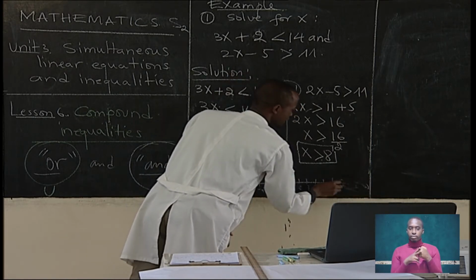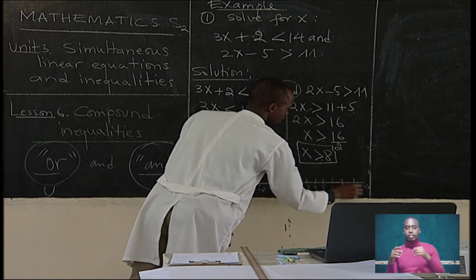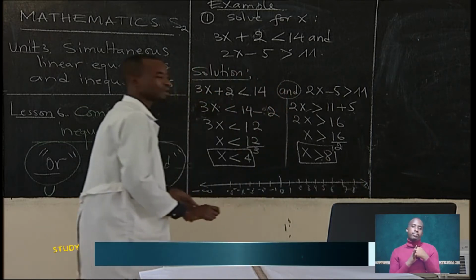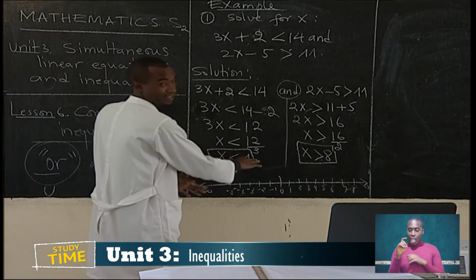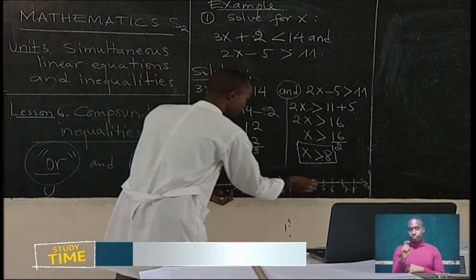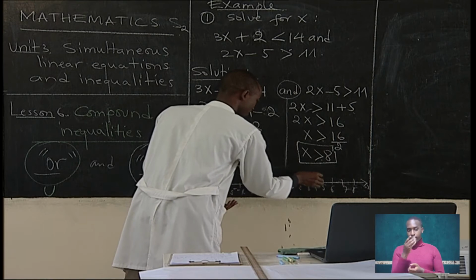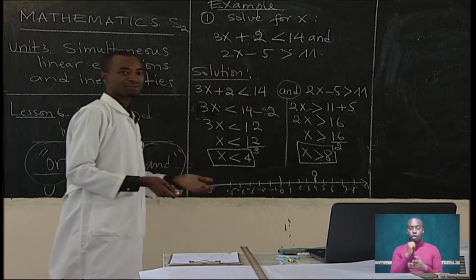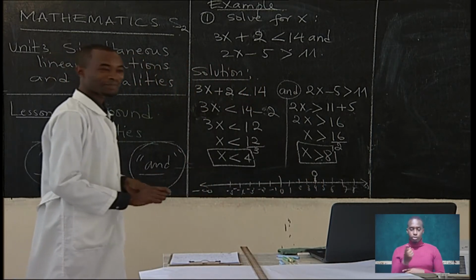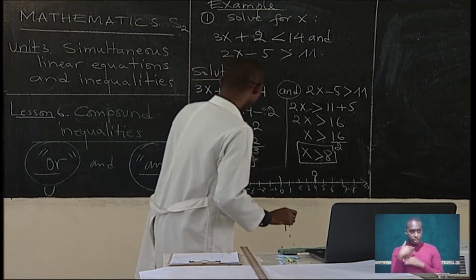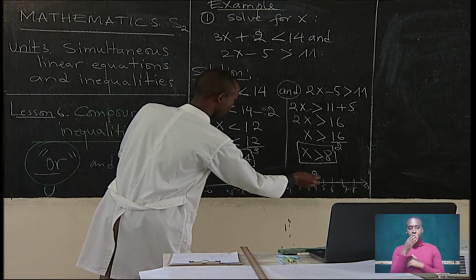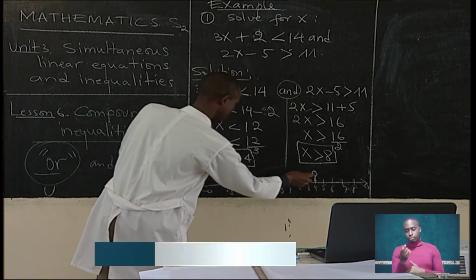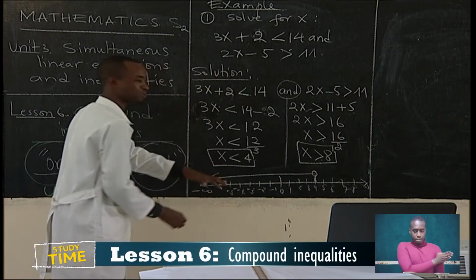Let me expand it. 7 and 8. On the first answer, we have now x less than 4. We have value x here. We have 4 here. And it's not in the set of solution. You see? Now, all the values which are less than this, we have this. These are the values we have.